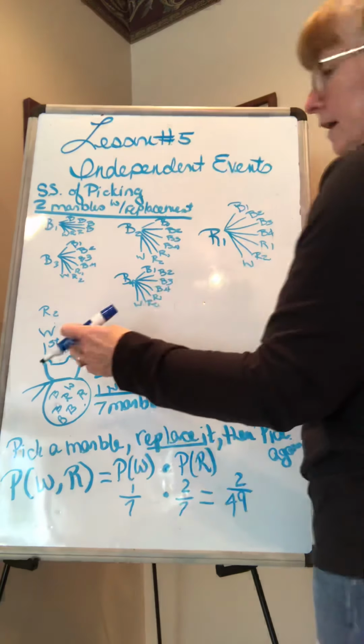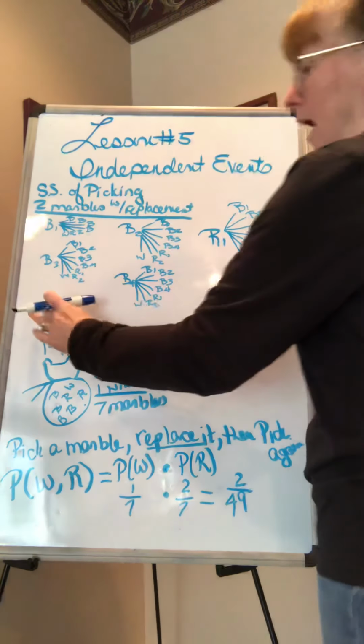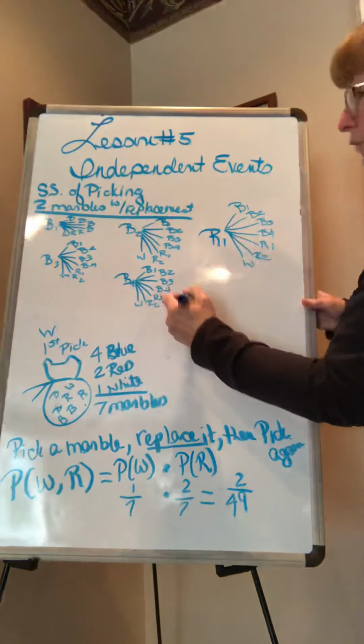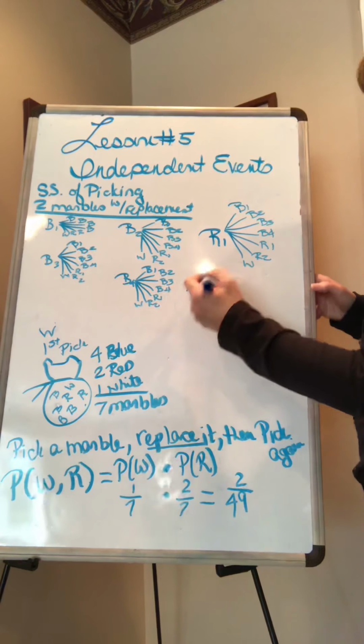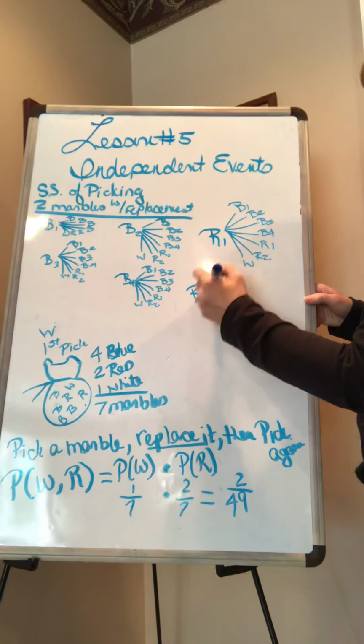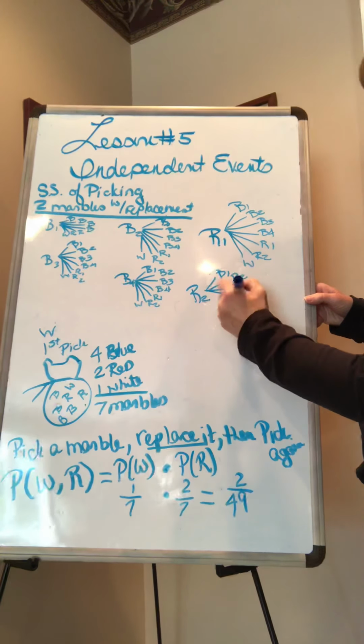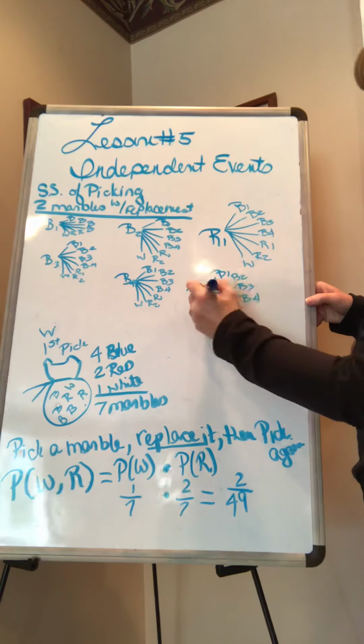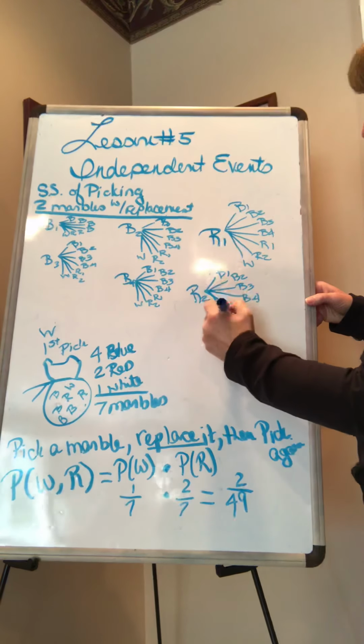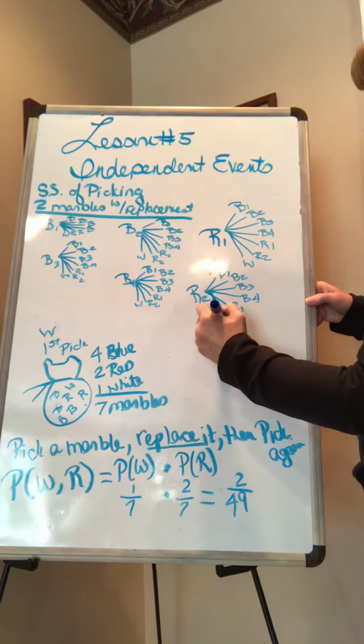And then you say, all right, I didn't pick red 1. I picked red 2. So here's red 2. In the bag, after replacement, blue 1, blue 2, blue 3, blue 4, red 1, red 2, white.